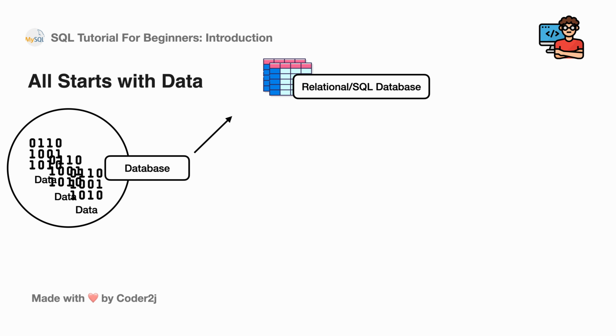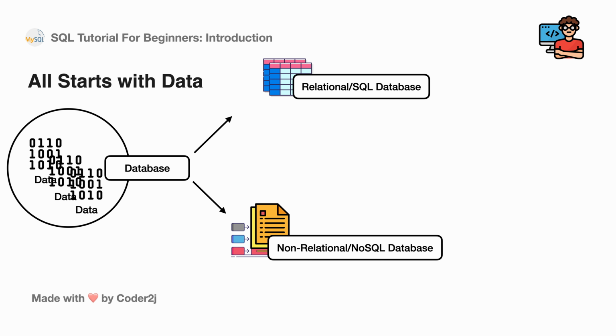The other type is called non-relational or NoSQL database because the data was modeled in means other than tabular relations, such as key value pairs, documents, and so on. NoSQL is also sometimes called not only SQL to emphasize that they may support SQL like query languages.